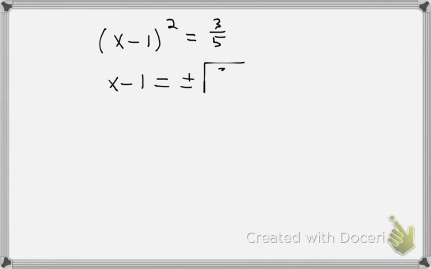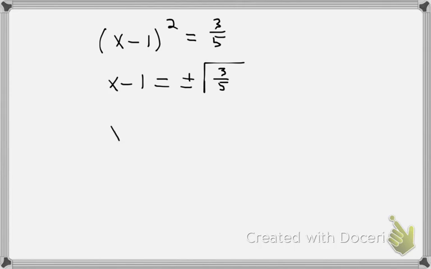All right, so now that x is nicely wrapped up, what can we do? Square root property. If x minus 1 squared equals 3/5, then x minus 1 equals plus or minus the square root of 3/5. You guys agree? Now what?